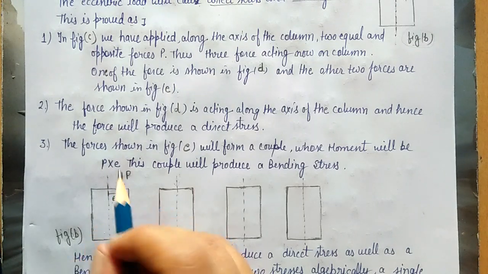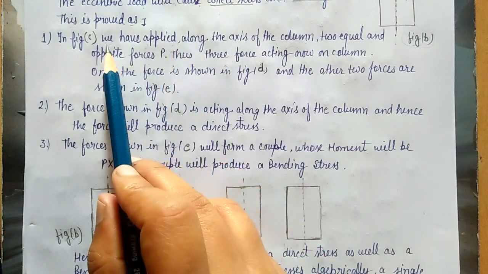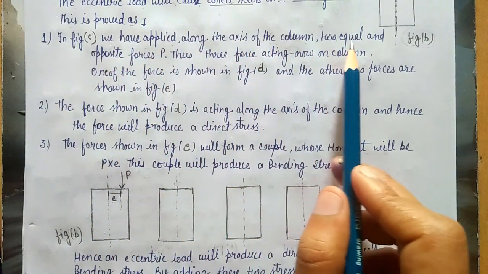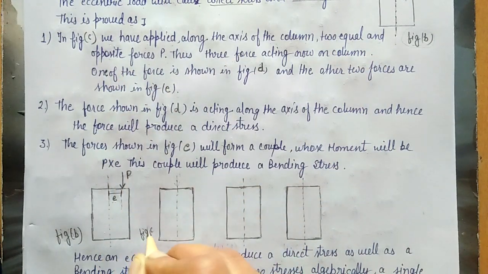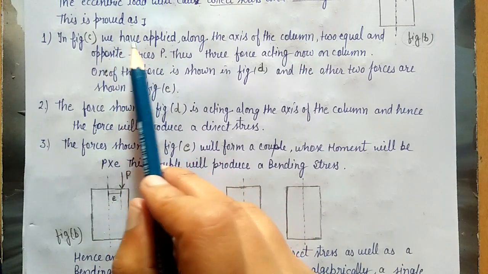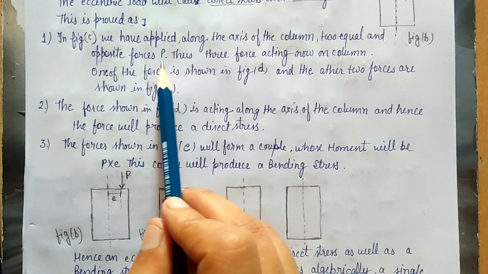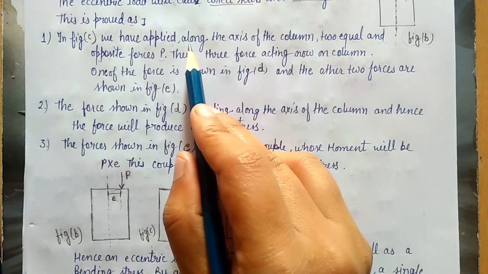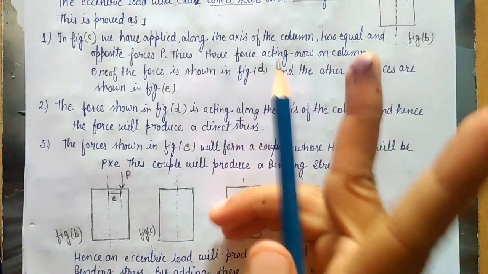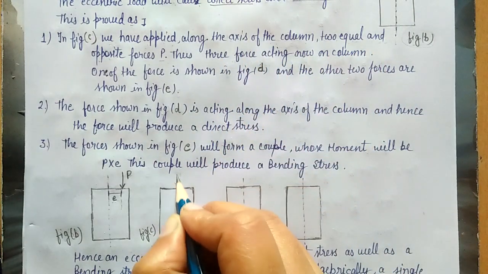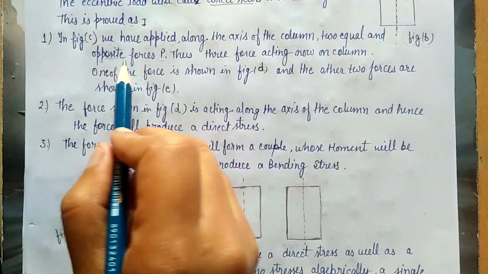So we have applied, along the axis of the column, two equal and opposite forces P. This is our figure C.